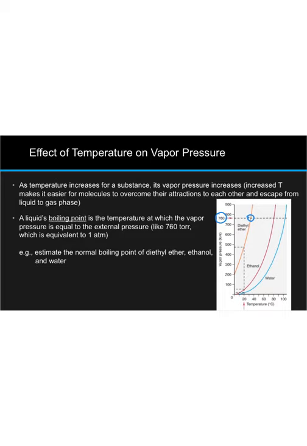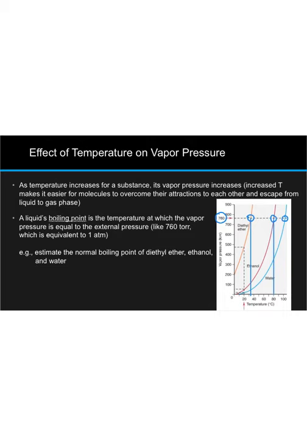For diethyl ether, that point is right there. For ethanol and for water, we can circle those threshold crossings. Estimating the temperature associated with each one requires us to drop a line to the x-axis.